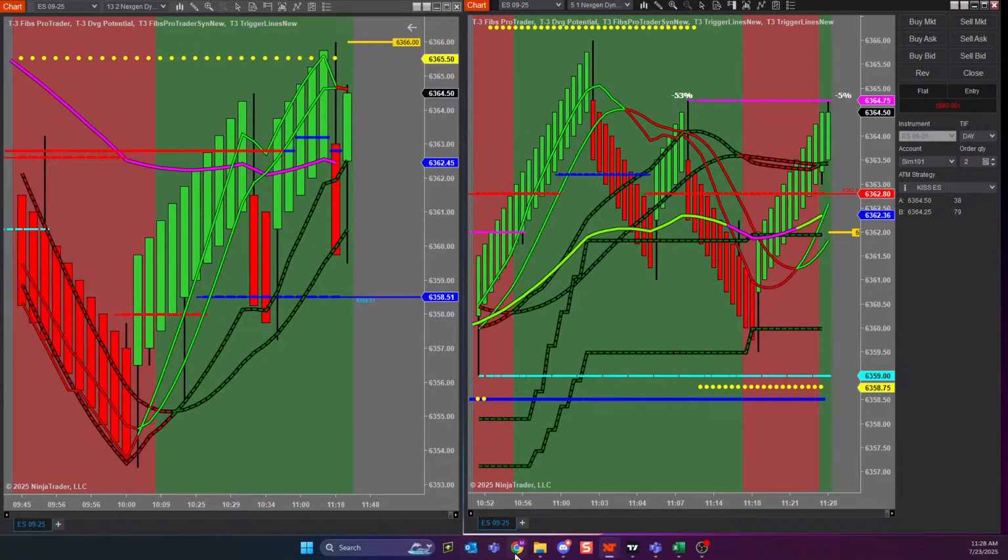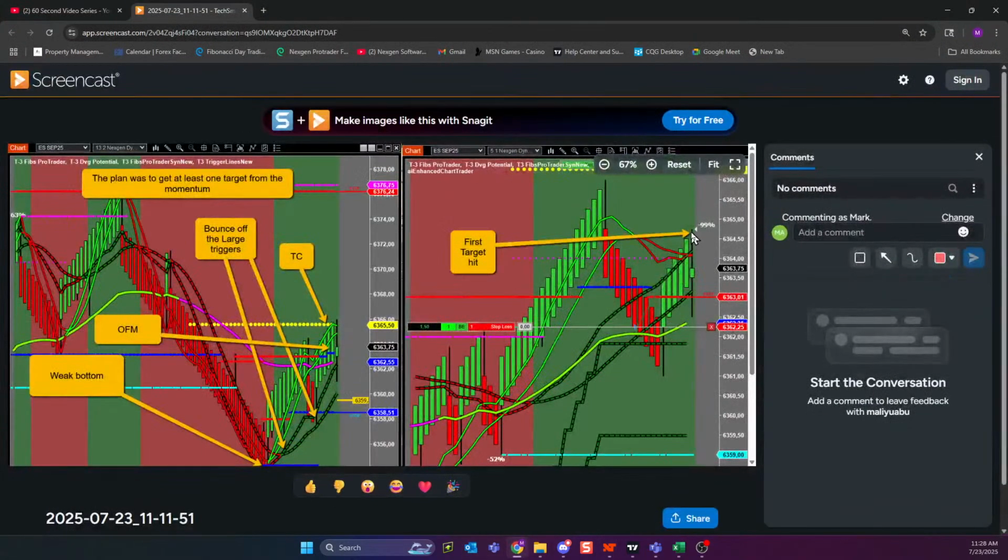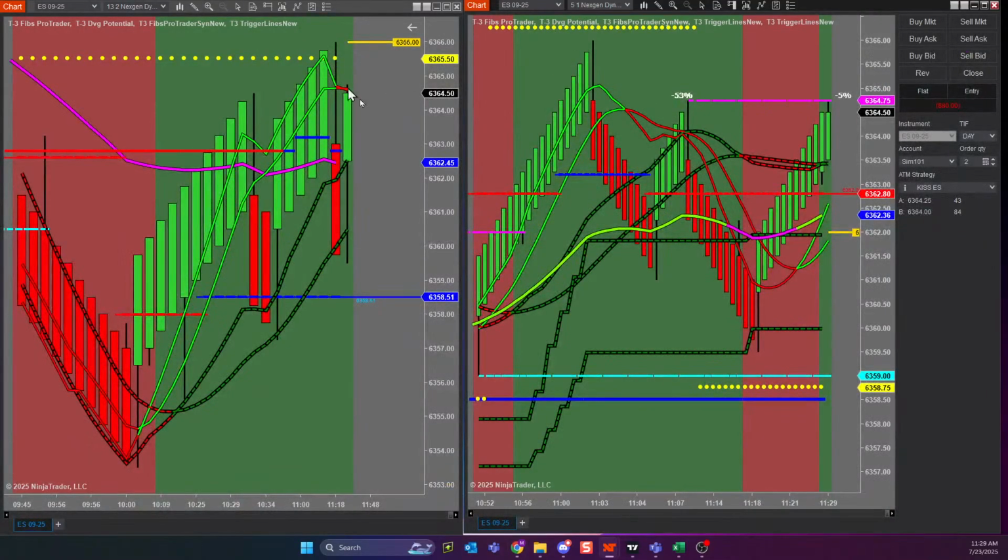Because it isn't perfect, I'll manage aggressively. I'll get paid. I'll get to a zero loss level. And your small chart had strong triggers, which is great. No divergence, which is great. And termination conditions sure do win more than they lose. So great job keeping it aggressive. Nicely done.